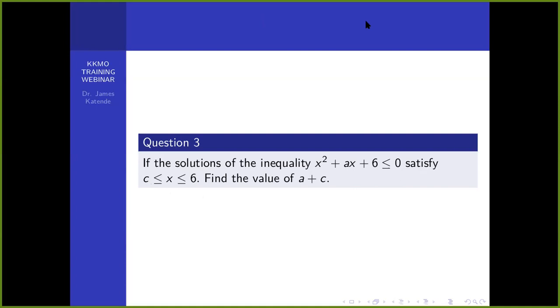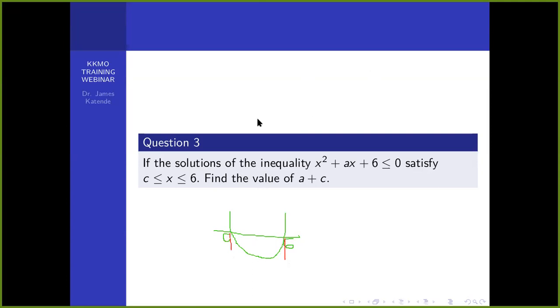Let's see if I can draw this. It won't be very nice. So now you can see if the roots are between c and 6, it means one of the roots is c, the other one is 6. After this point, the graph is now below the x-axis within that interval.